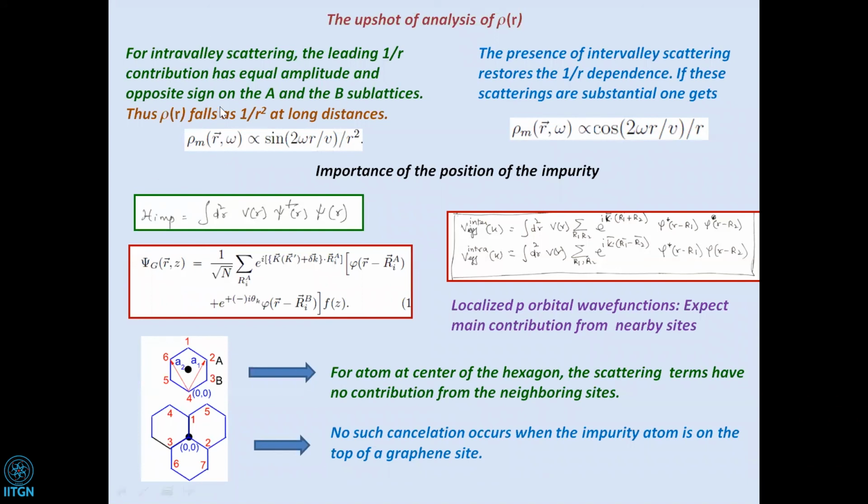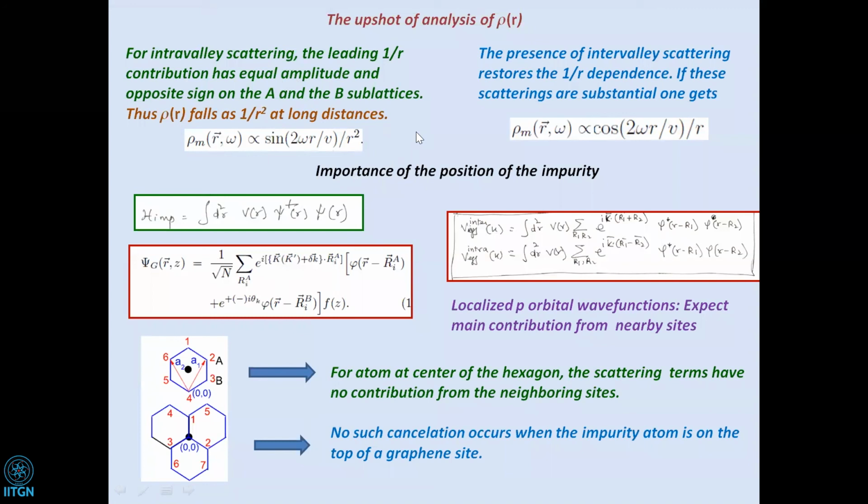It turns out that there is an exact calculation of these 1 over r terms, which comes from the scattering amplitude coming from the A sublattice and the B sublattice. It just happens that way, and therefore this quantity goes as sine 2 omega r by r squared. Importantly, this is an r squared thing.